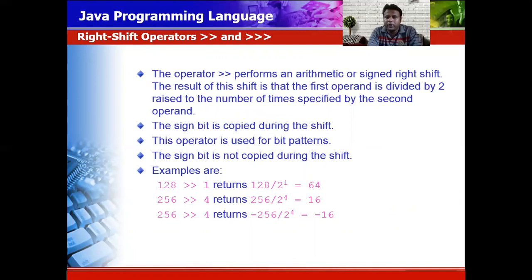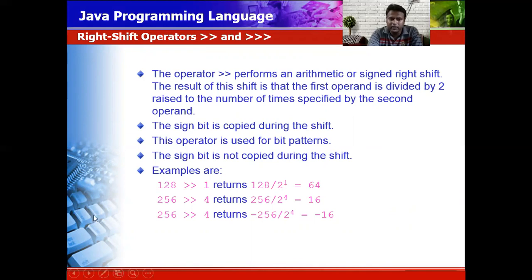The right shift operator performs an arithmetic operation, or sign-preserving right shift. The result of the shift is that the first operand is divided by 2 raised to the number specified in the second operand.